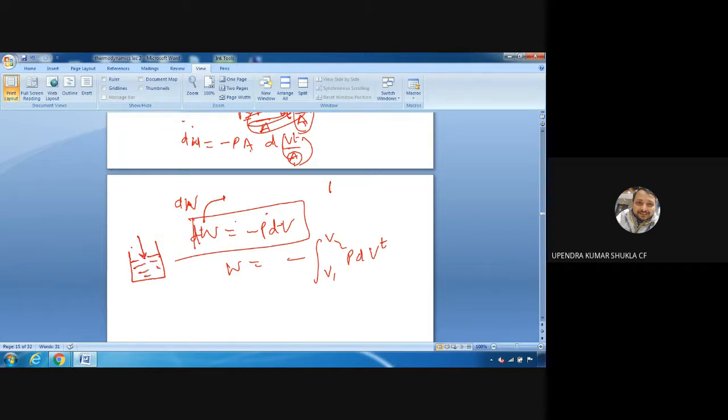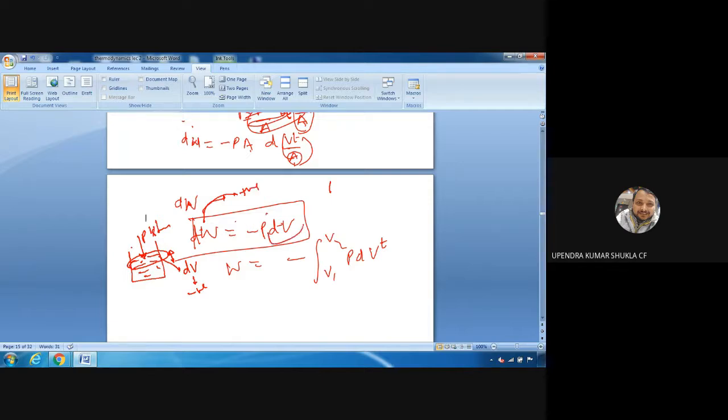Let's be very clear about this sign convention. We are applying the force through the piston, right? So if you apply the force, then volume will shrink. So change in volume would be negative. Well, but you see that displacement of the fluid is in the same direction in which we are applying the force by the piston. So work should be positive as per convention.